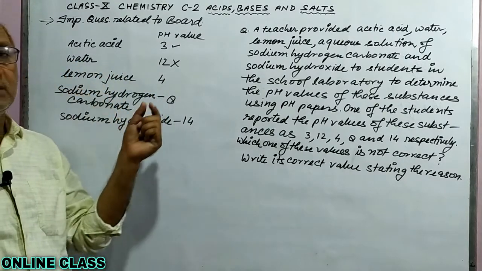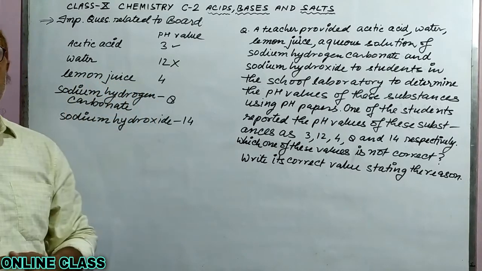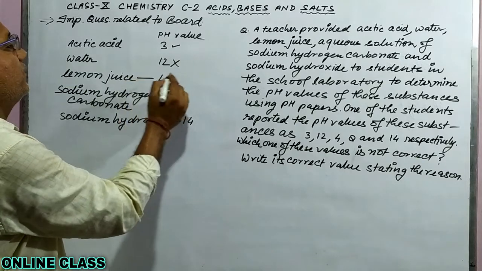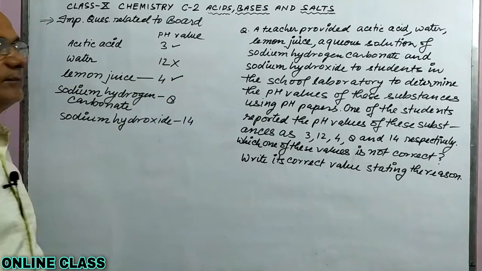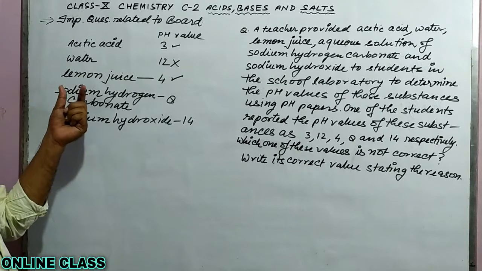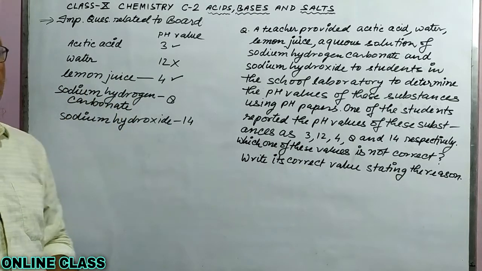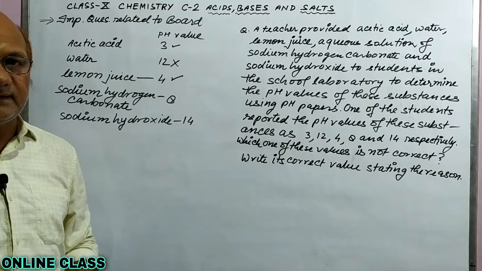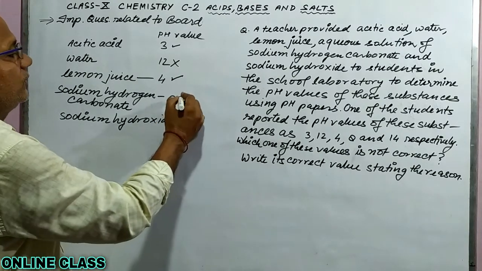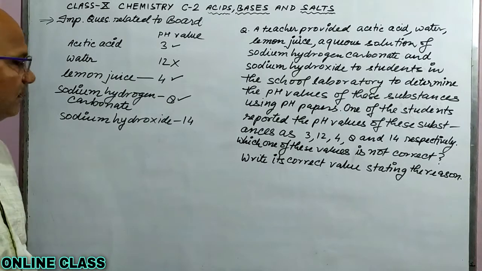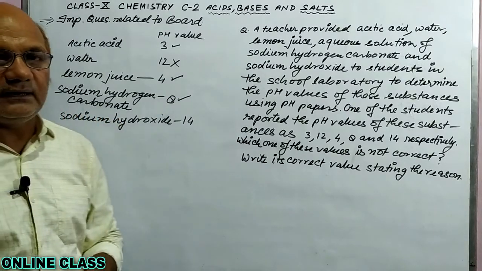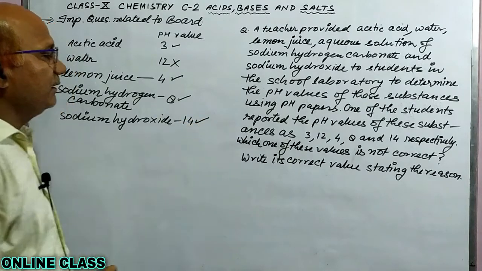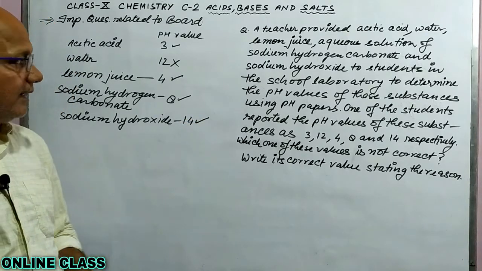Lemon juice, as you know, is acidic in nature and the given pH value is 4. So, it is reported correctly. Sodium hydrogen carbonate, as you know, solution of sodium hydrogen carbonate is basic in nature. So, its value is correct, and sodium hydroxide is a strong base. So, its pH value 14 reported, this is correct.